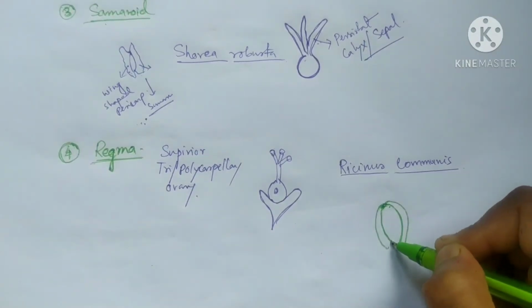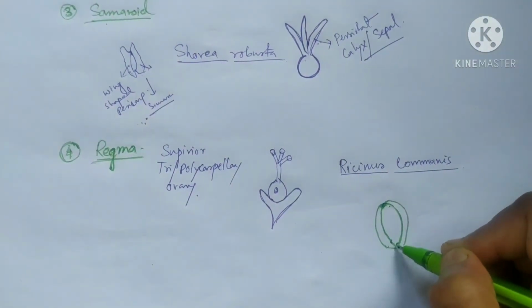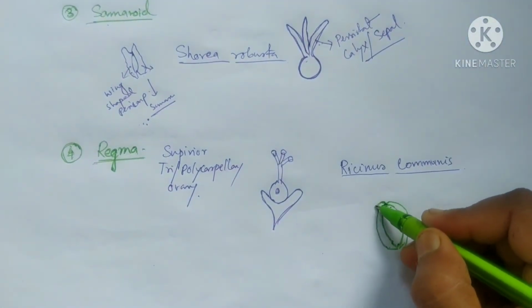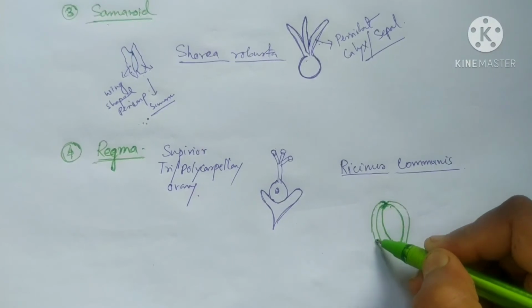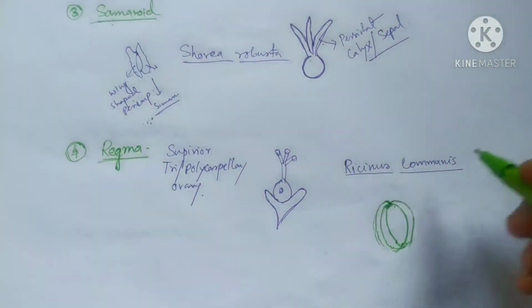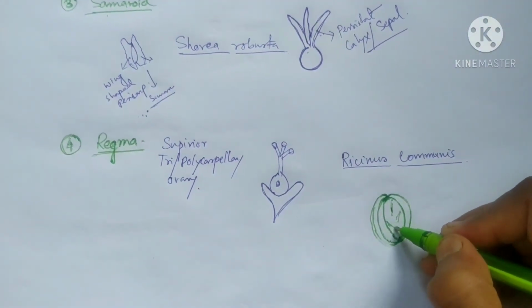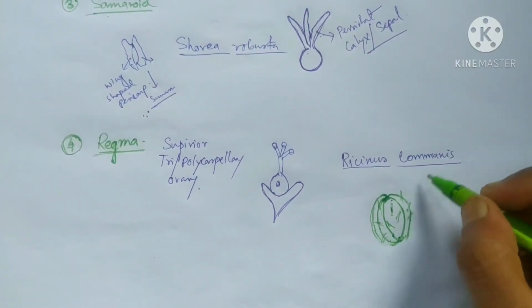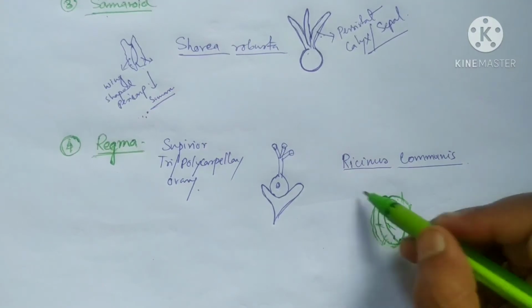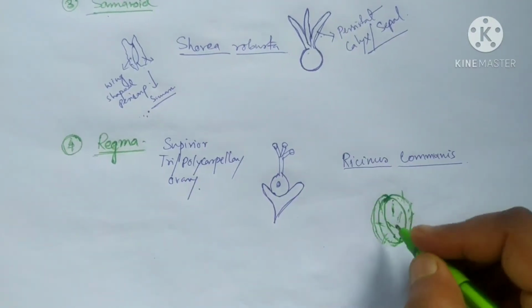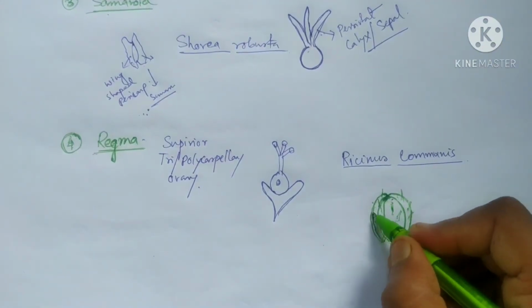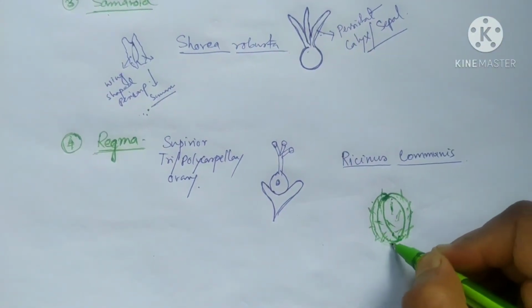You can Google it to see this Ricinus fruit. So Ricinus type fruit is tricarpellary or polycarpellary, right? So here I drew 4 chambers because it is a polycarpellary type fruit, right?